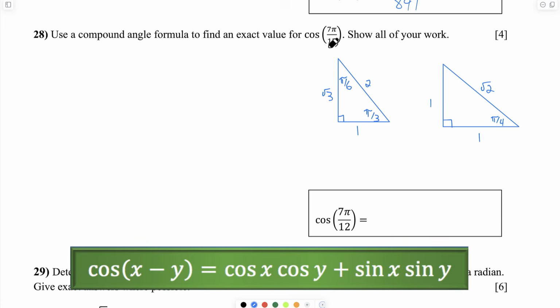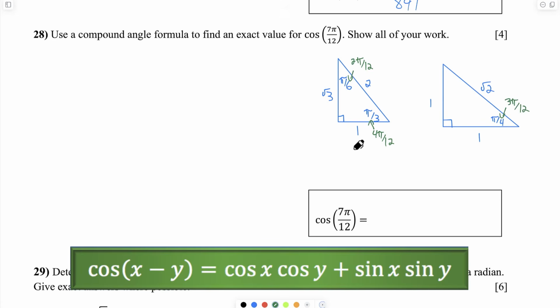In order to find the exact value for cosine of 7 pi over 12, I need to change 7 pi over 12 to a sum or difference of special angles. So I have to figure out, is there a way I can add or subtract these angles to get 7 pi over 12? Maybe let me rewrite them with denominators of 12. So pi over 3 is 4 pi over 12, pi over 6 is 2 pi over 12, and pi over 4 is 3 pi over 12.